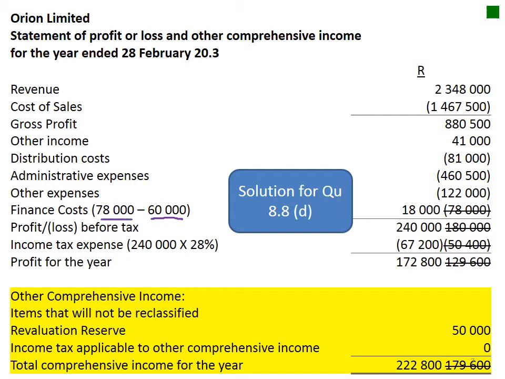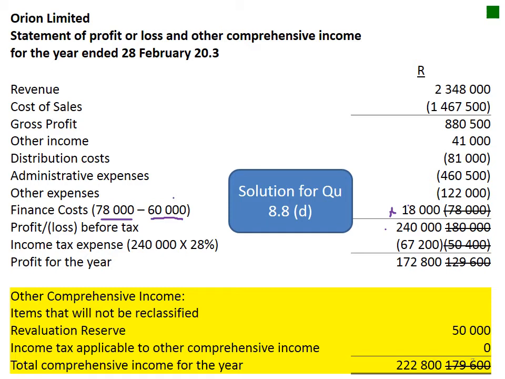You might remember on the trial balance, there was 18,000 Rand of finance costs, and 60,000 was added to that as being the preference dividend on the liability, which was part of interest. Now we're going to subtract that preference dividend amount, which makes our interest lower. Previously, the interest had been 78,000. Now it's only 18,000. Because the interest is lower, our profit is going to be higher. You will notice it's higher by 60,000. 240,000 minus 180 is 60.